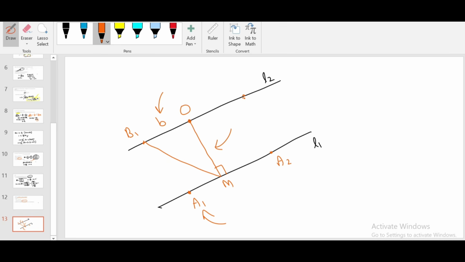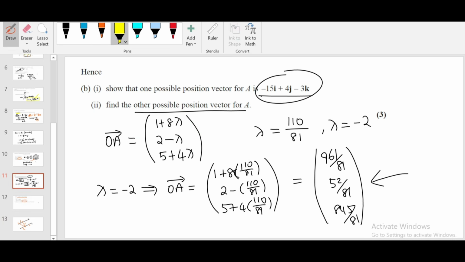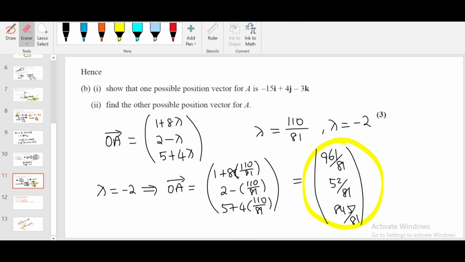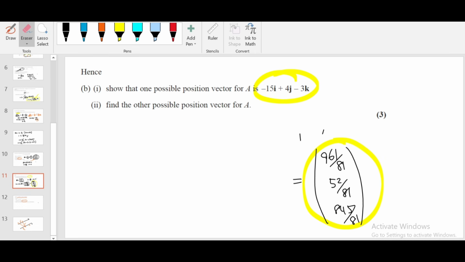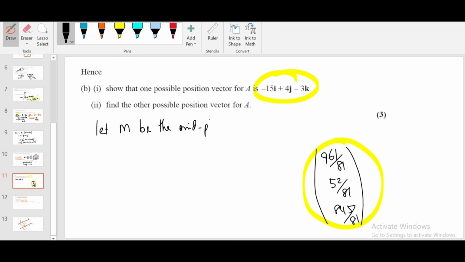So I'm gonna find the midpoint of A1 and A2 first. We have one of the position vectors of A that we calculated in the previous part. I'm gonna use this and this one also to find the midpoint. Let M be the midpoint of both A's.